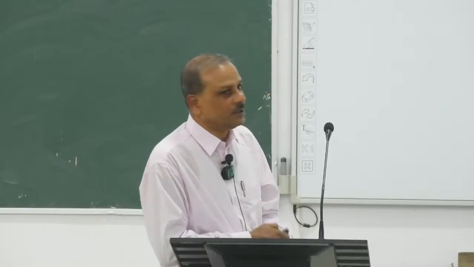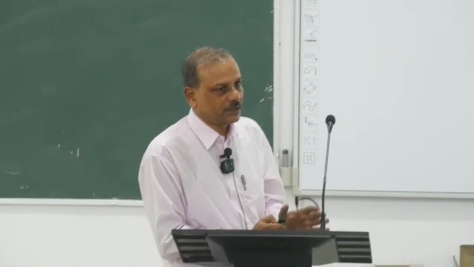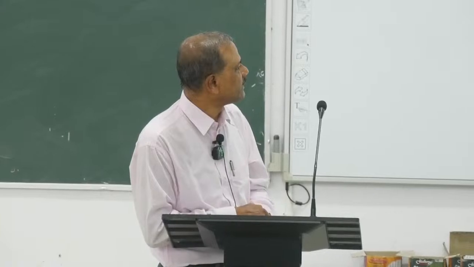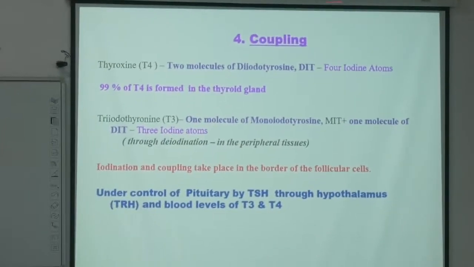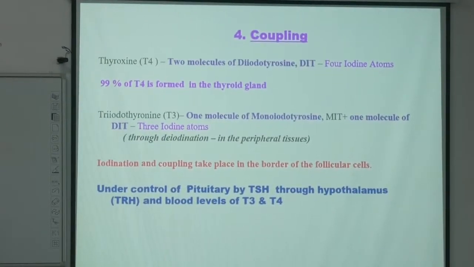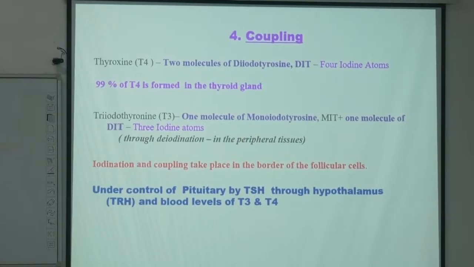So coupling. After that has been formed, there is a coupling reaction of 2 molecules of diiodotyrosine, that means there are 4 iodine atoms, and this step is done in the thyroid gland. Basically 100% of the thyroxine is produced by the thyroid gland and not by the peripheral tissue. In contrast, only 20% of the triiodothyronine is produced by the thyroid.